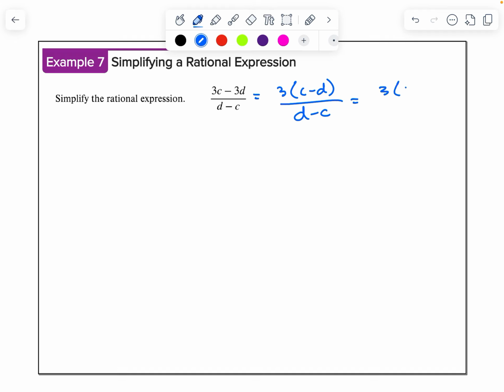We'll leave the top alone, and to get this order to flip around, we're going to factor out a negative 1. Negative 1 out of D would be a negative D. Negative 1 out of negative C would be a positive C. And notice that did make those match up now. And so I'm left with 3 over negative 1, which is just equal to negative 3, I'm sorry.